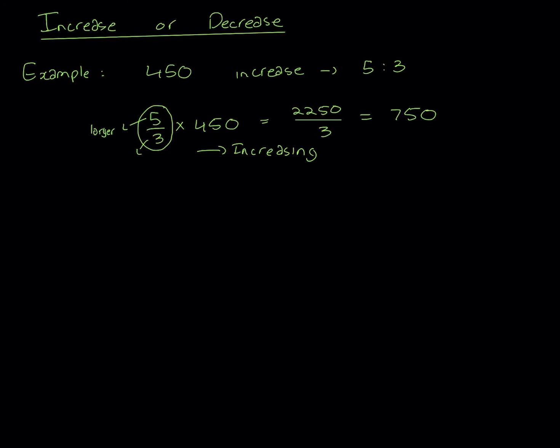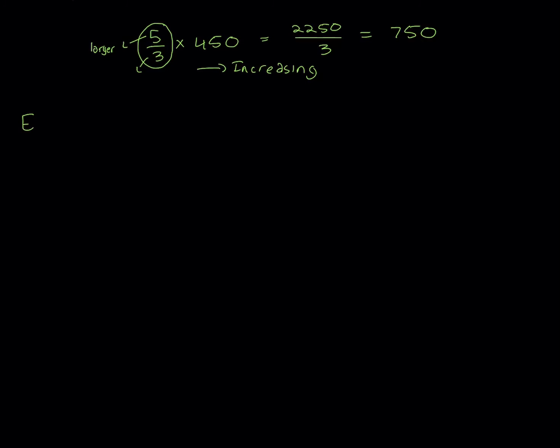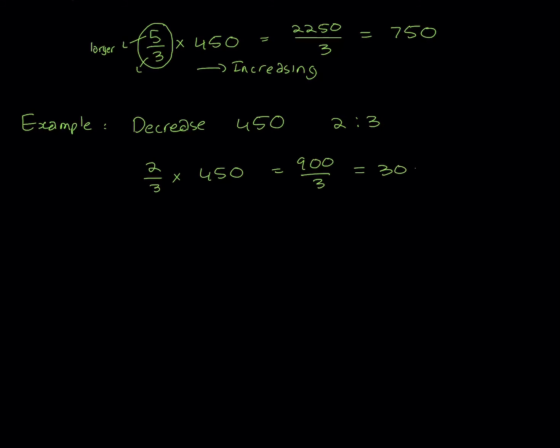Now let's look at an example for decreasing. Let's say you're asked to decrease the same value 450 in the ratio 2:3. You do the same thing. You say 2 over 3 times 450 and you get 900 over 3, and that is 300.